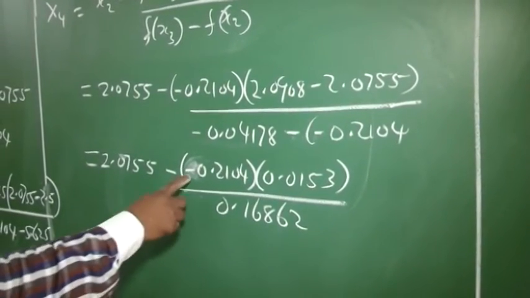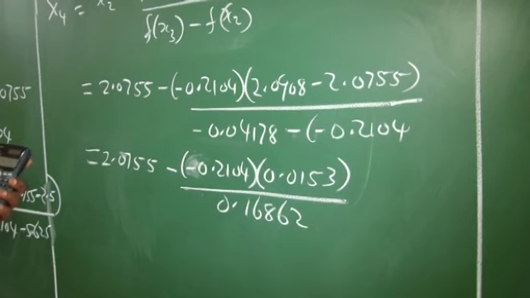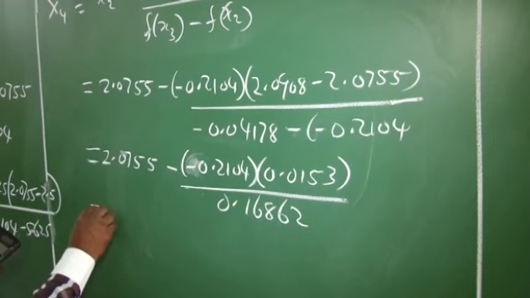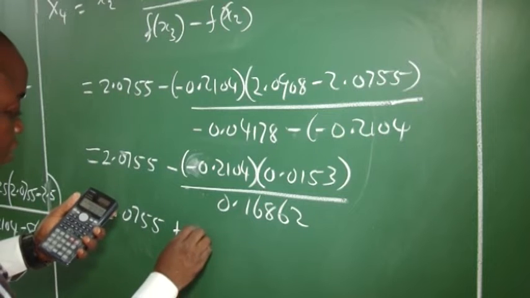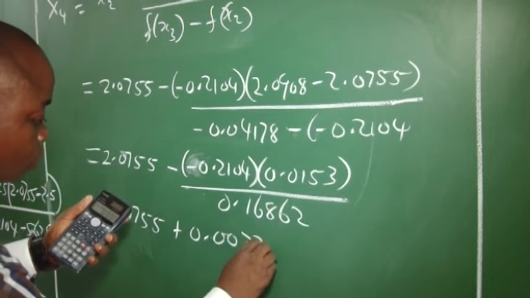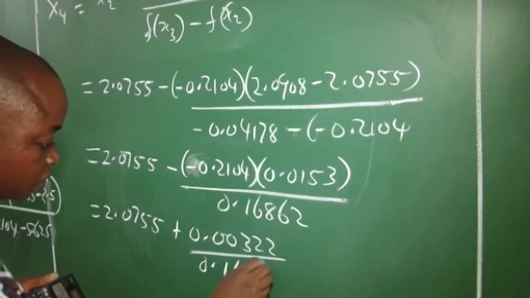Now we are going to multiply this. We have 0.2104 times 0.0153. That will give us plus 0.00322 over 0.16862.